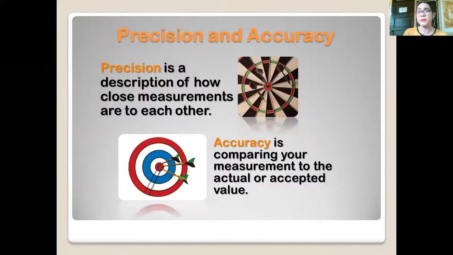Something related to estimation, we will now define precision and accuracy, which are very important in measurement. Precision is a description of how close measurements are to each other. Accuracy compares your measurement to the actual or accepted value.